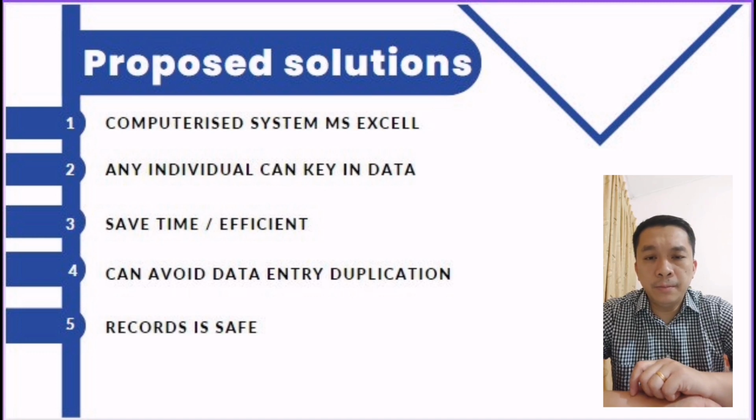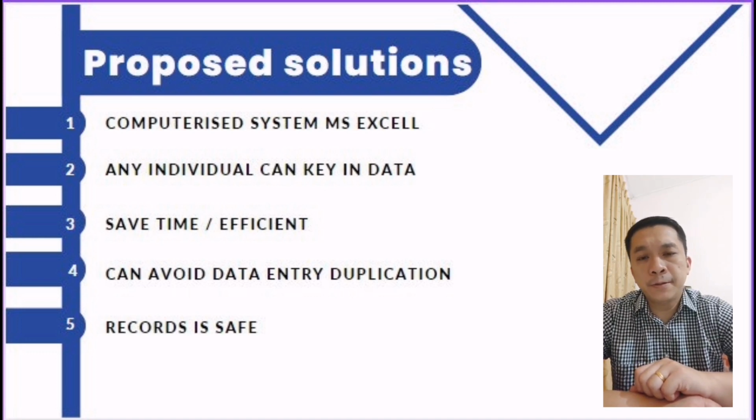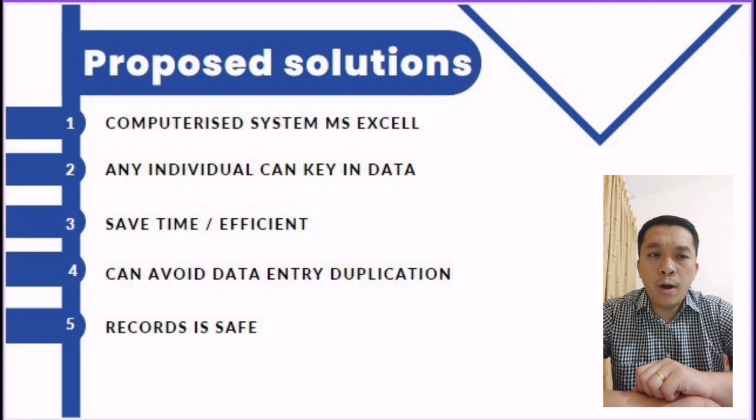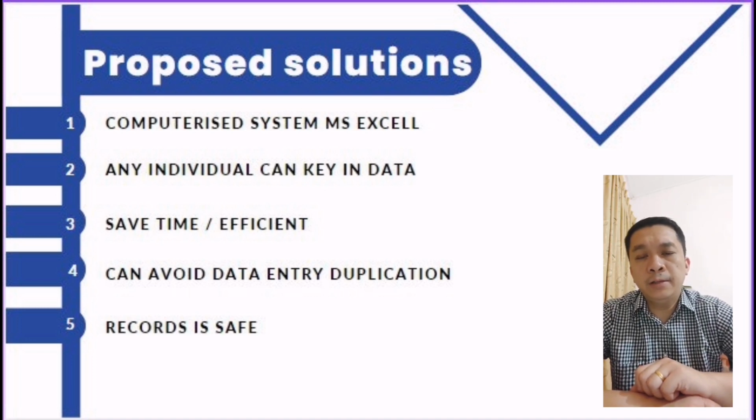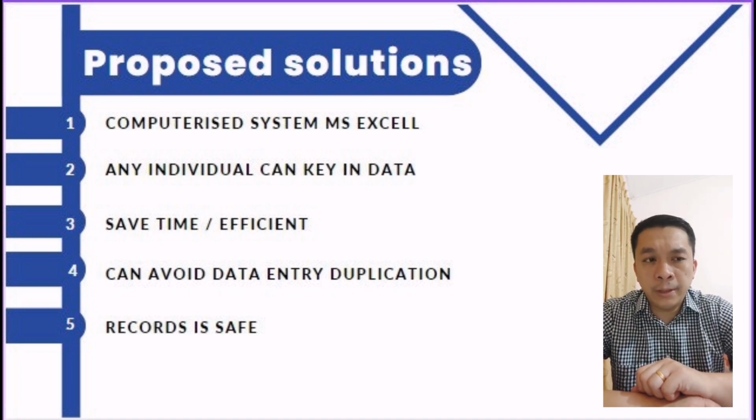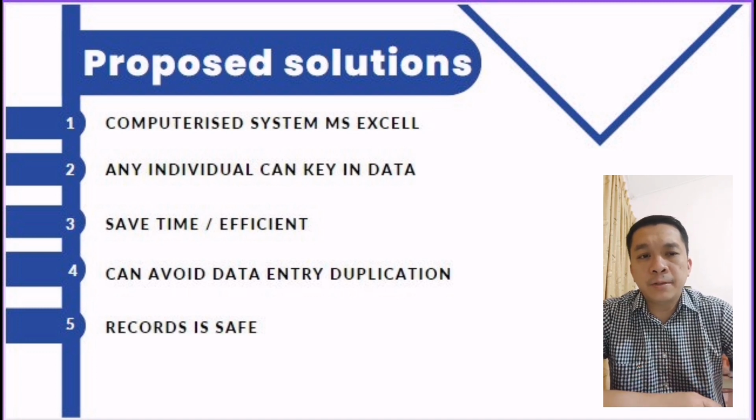This system will for sure eliminate errors and provide more accurate information. Number two, once the data is computerized, any individual can key in the information because the system is user-friendly and it will automatically save in the database.